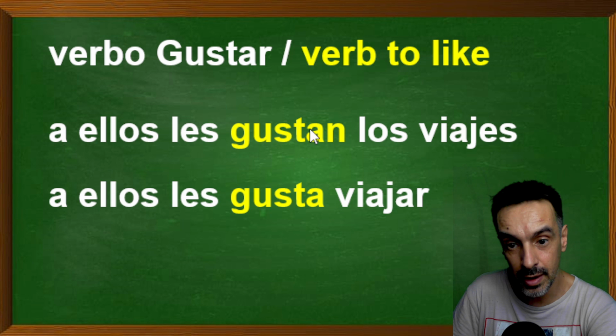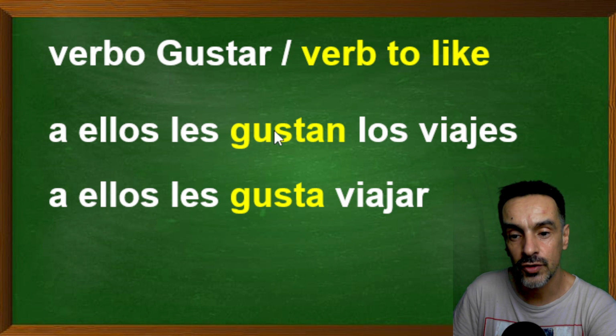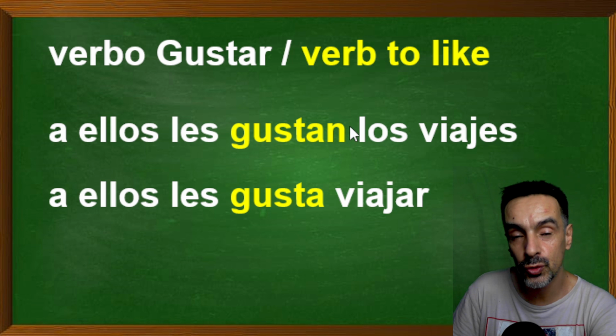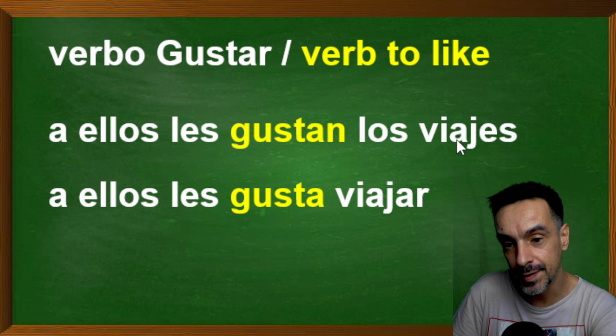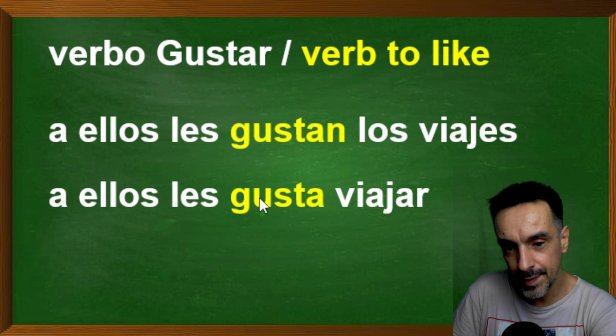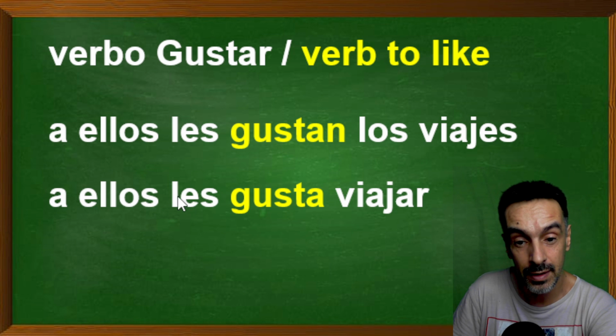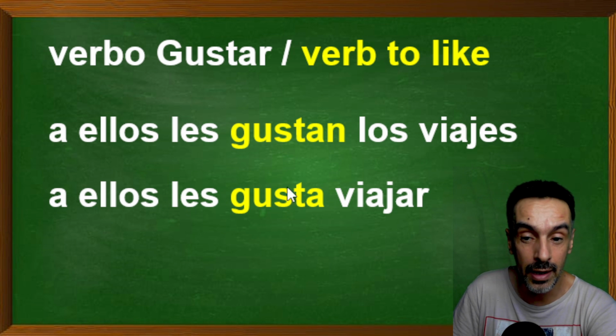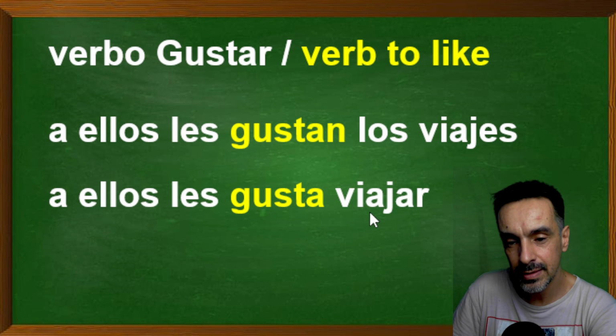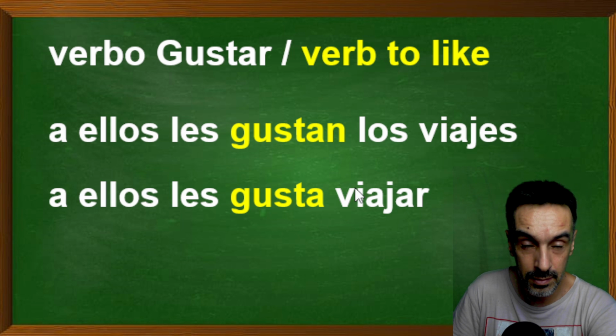So if you notice here, les gustan los viajes. So these gustan, they like it, refers to the trips, los viajes. However, even in the second phrase, talking about they in plural, the word viajar is singular.